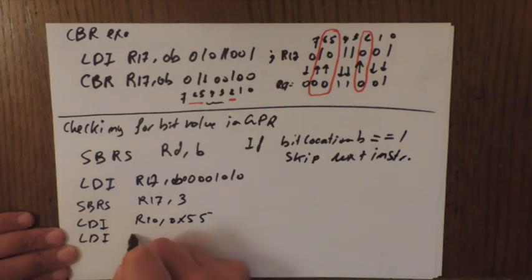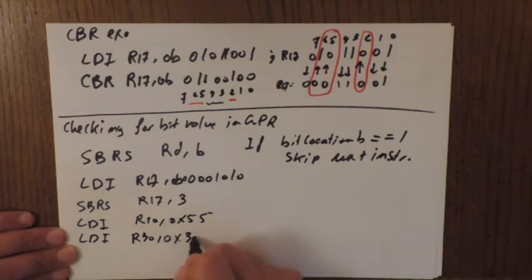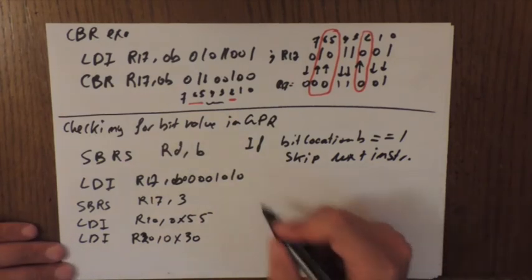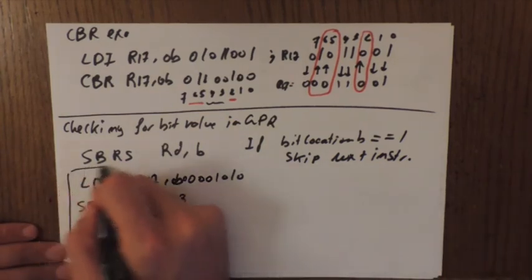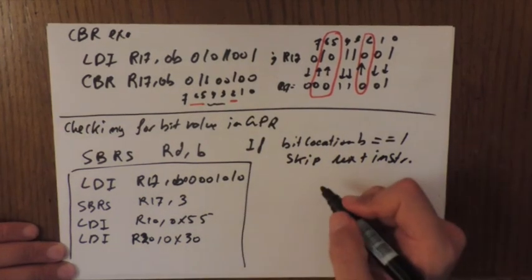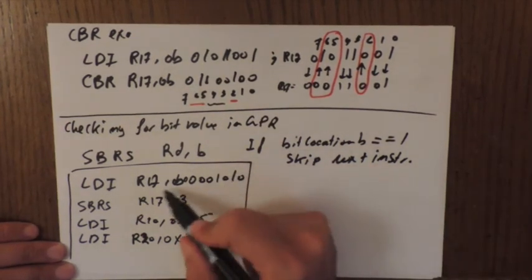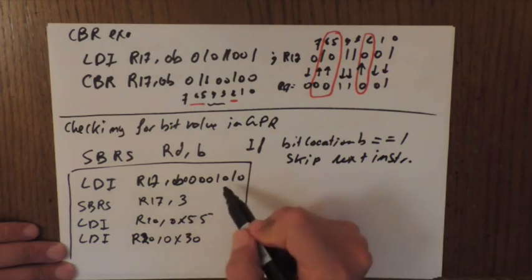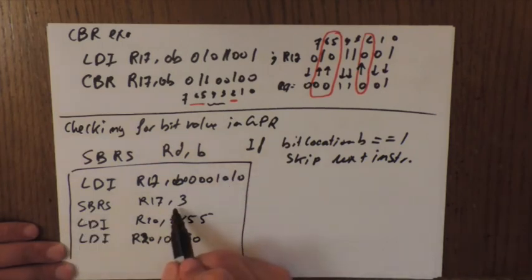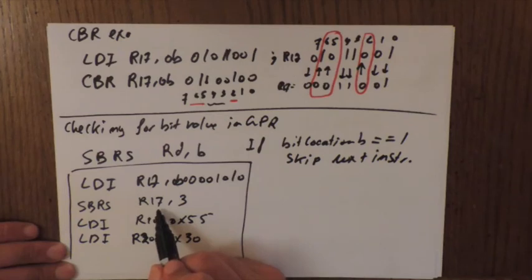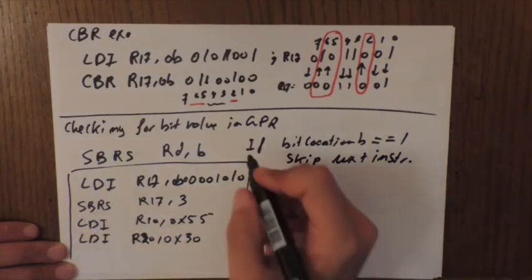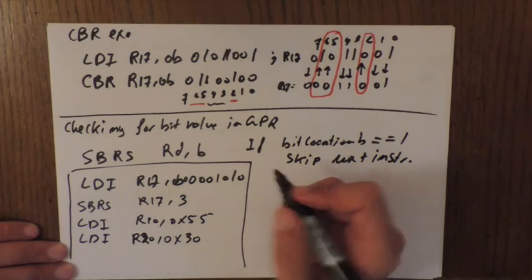So I can ask you now, given this program, and let's put R20 here, what's the value of R20 after I execute this program? First of all, I need to check. I placed in R17 this value. Then I said, if the bit location number 3 is 1, I'm going to skip. So let's check what bit location number 3 is.